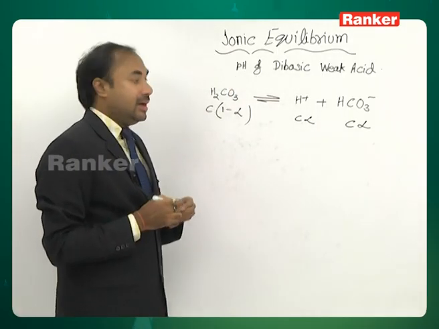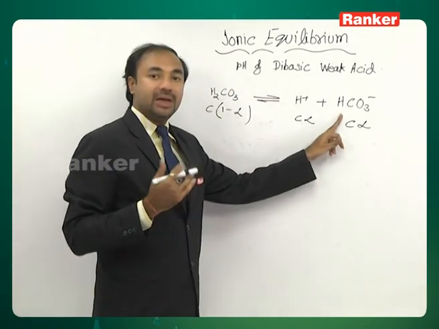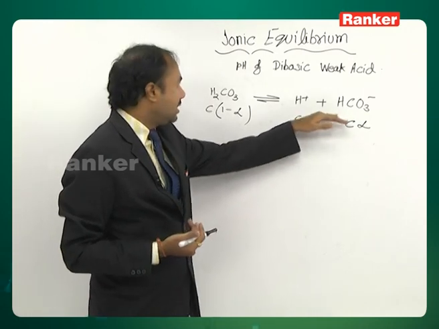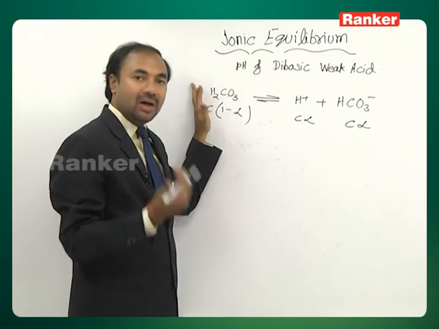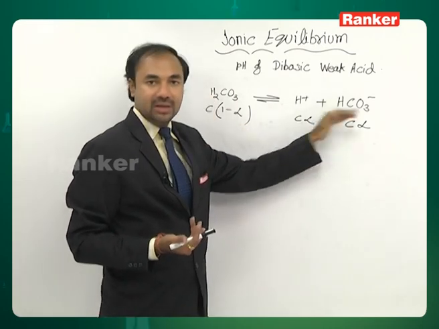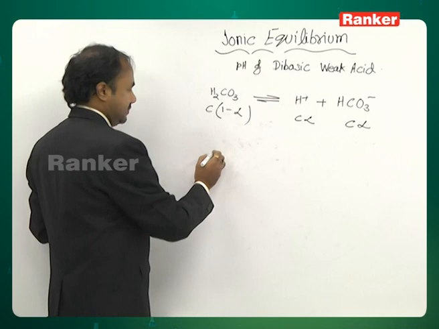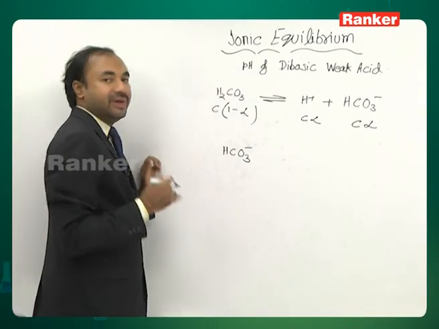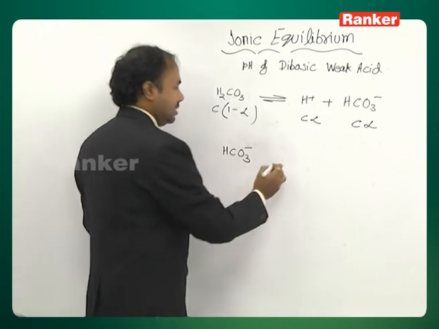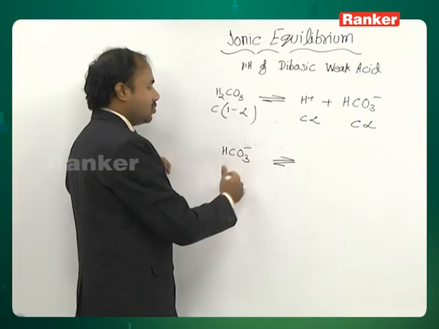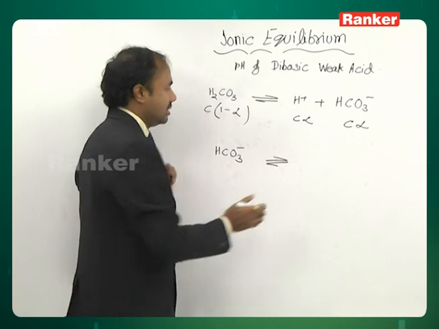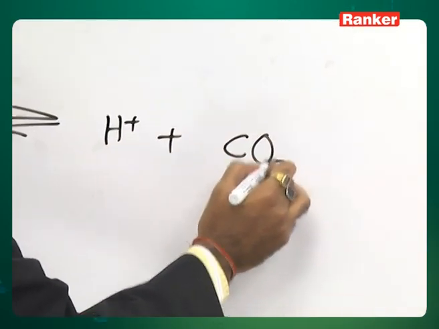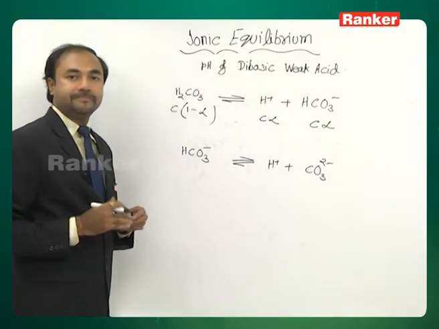Now HCO3 minus can behave both as an acid as well as a base. Here, because H2CO3 is a stronger acid as compared to HCO3 minus, it again goes through dissociation, although the degree of dissociation is very less. HCO3 minus gives H plus and CO3 2 minus ions.